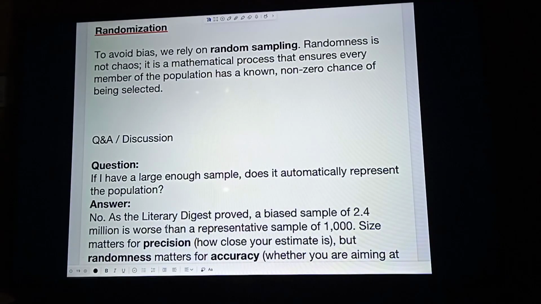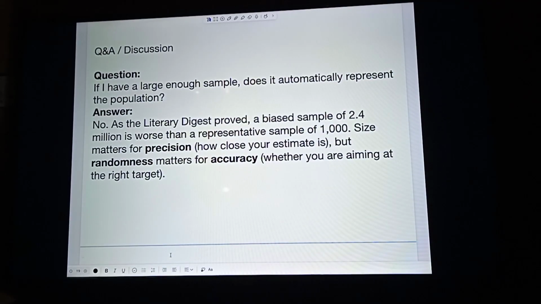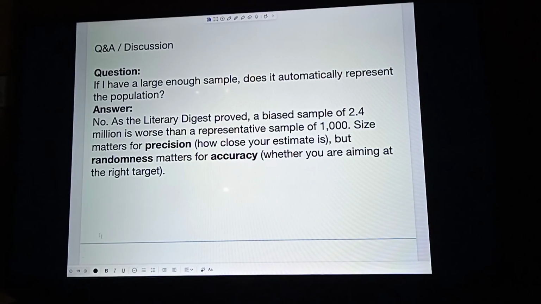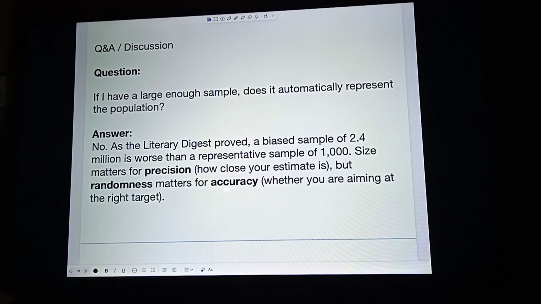So hope you got the lecture. Now you can do this exercise in which you have a question: if I have a large enough sample, does it automatically represent the population? Here's the answer for you.